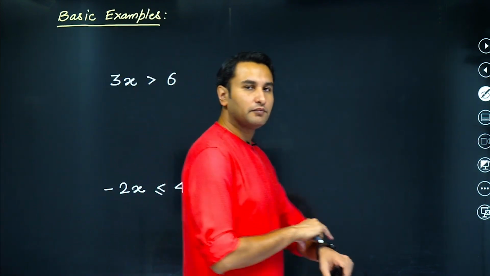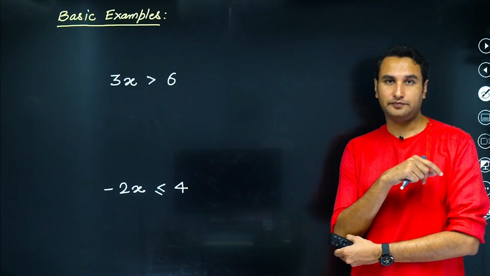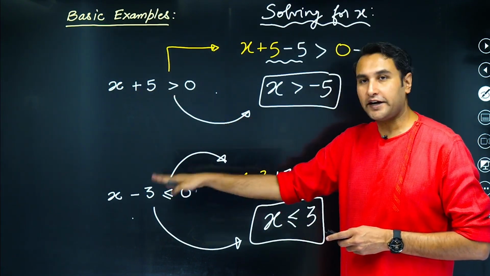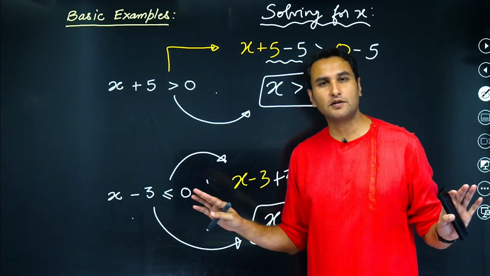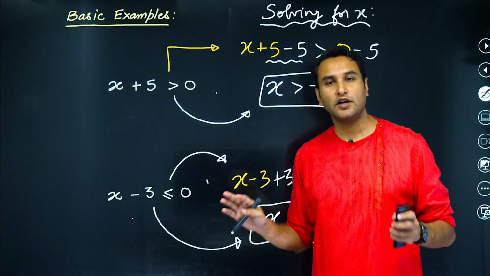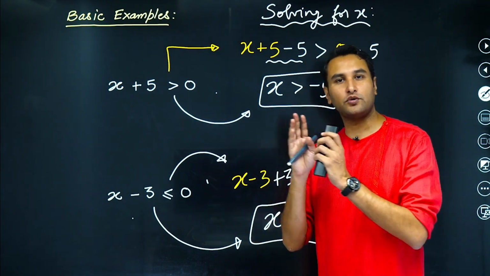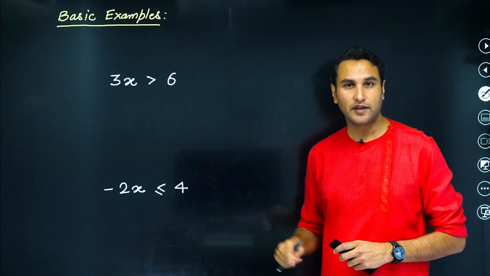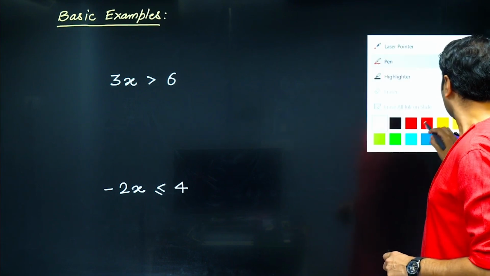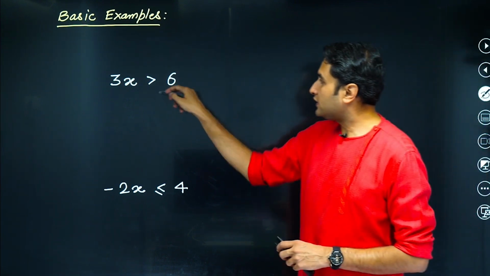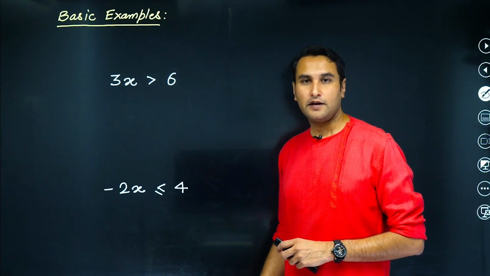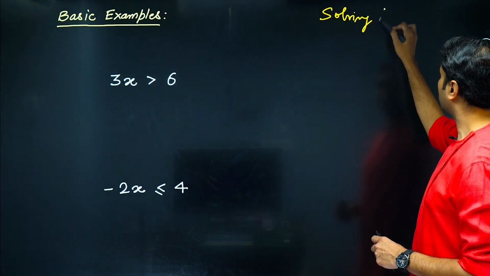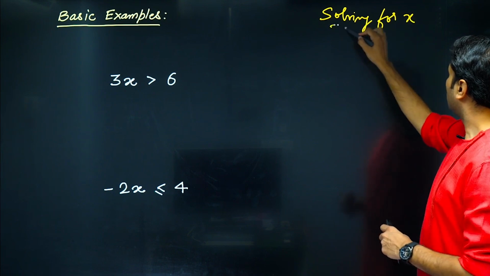Now let's take examples where you have to multiply and divide. Till here what did we see? Adding and subtracting on both sides, simple, the inequality does not change. What you used to do for equations, you can still do the same thing for inequations. But let's look here. What do we have? 3x greater than 6. When you are solving for x, what do you want?